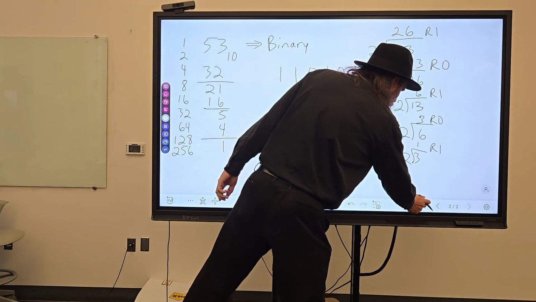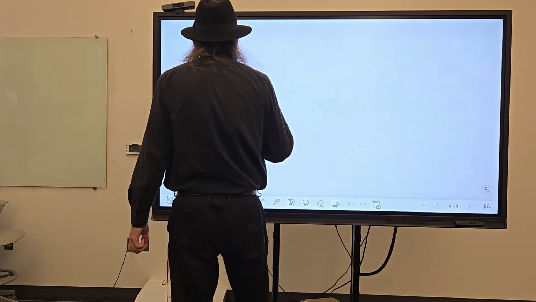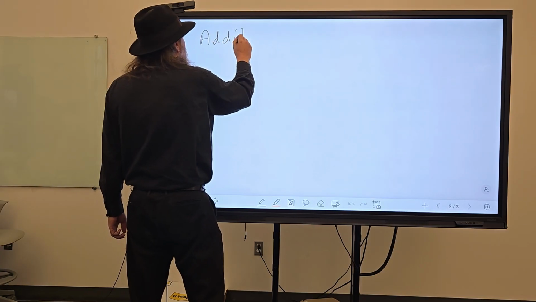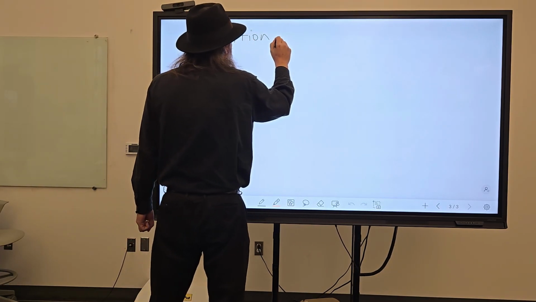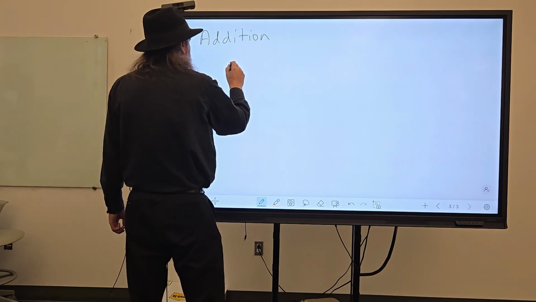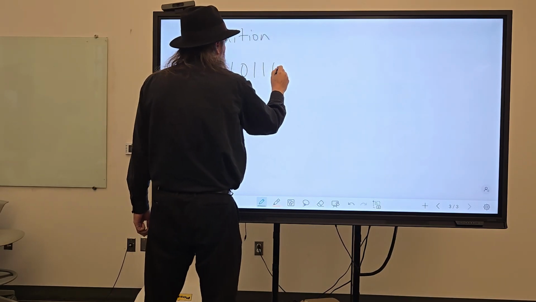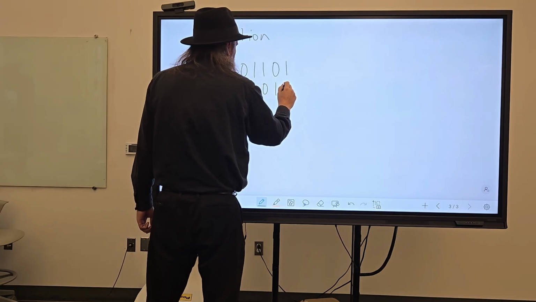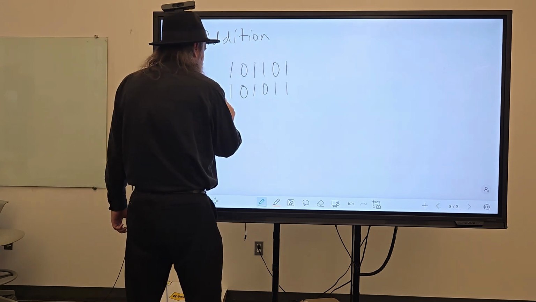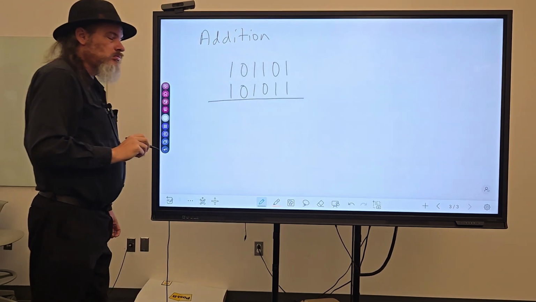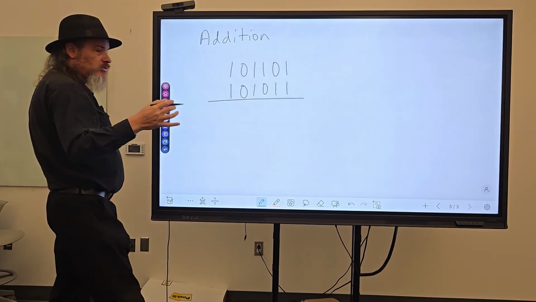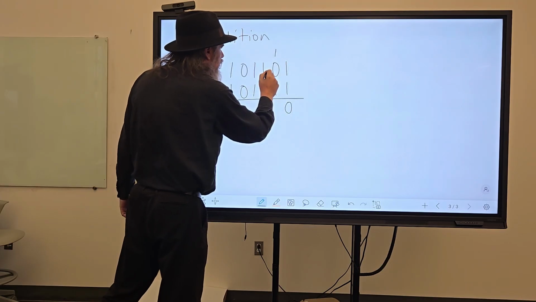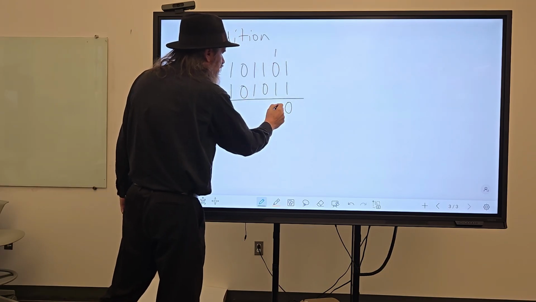All right, so math with binary. Addition works just like decimal. 1 plus 1 is 2, but you don't have a symbol for 2, so you go to 0. Carry the 1. 1 plus 1 is 0.